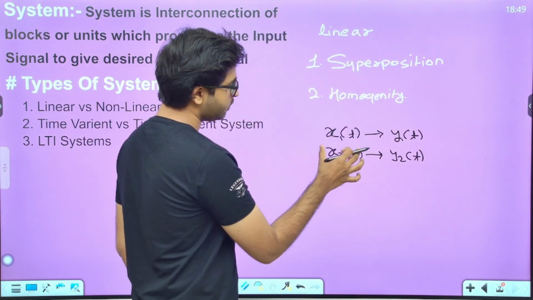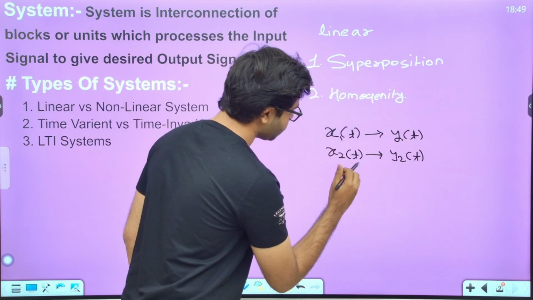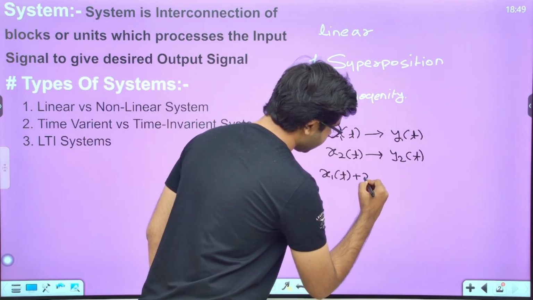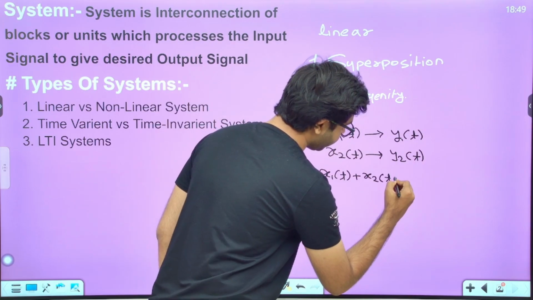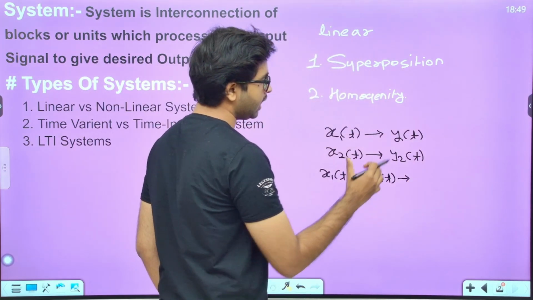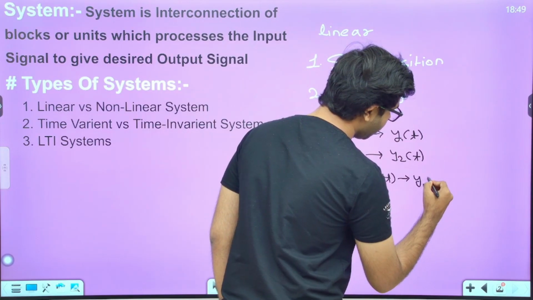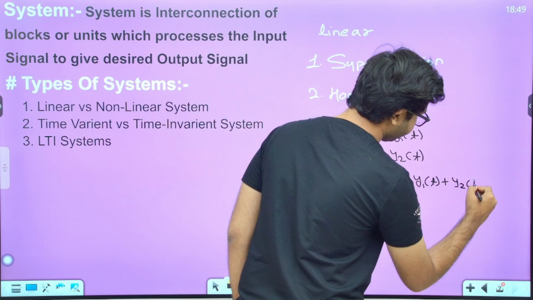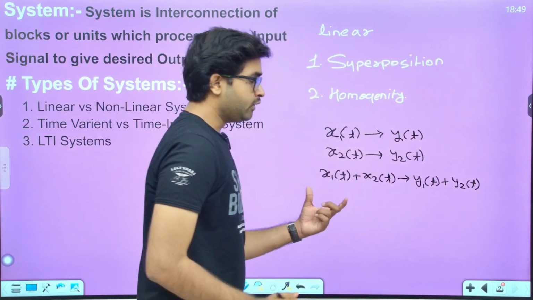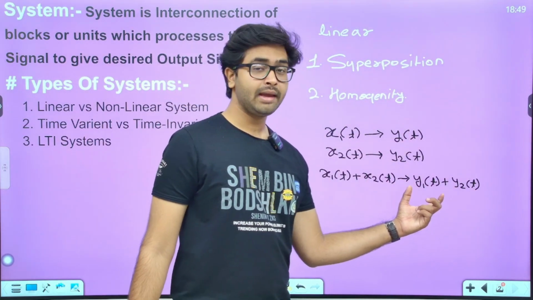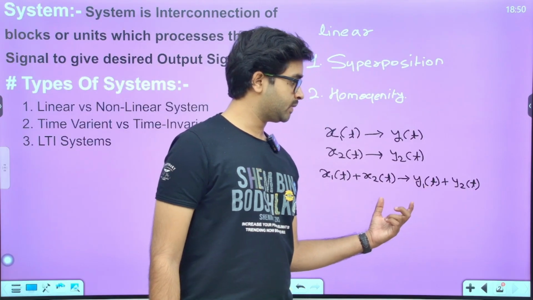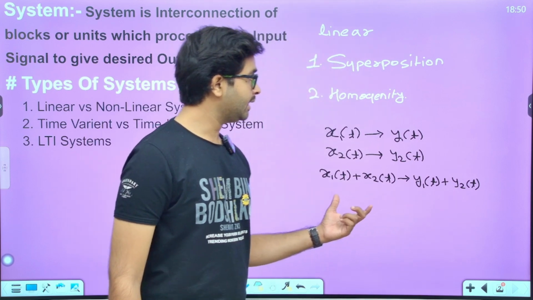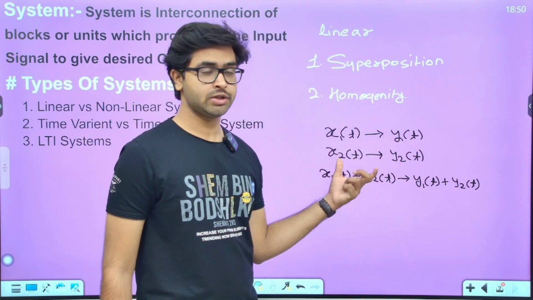If I do the addition of x1 of t and x2 of t, then it must give the output y1 of t plus y2 of t. If this format is followed by any specific system, then it is following the superposition principle.